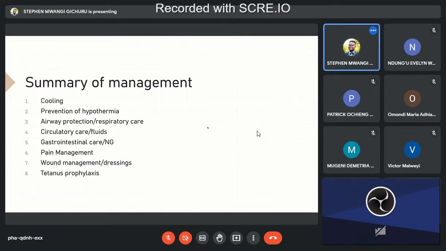Okay. So to prevent hypothermia, you have to remove those wet packs. As I was saying, it may cause maceration. You might have to cover the patient because they've lost a lot of skin or whatever has happened. You may need to cover them in those reflective wraps. I don't know whether you guys have ever seen them. I wish I put a picture.